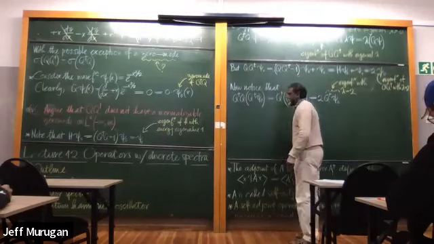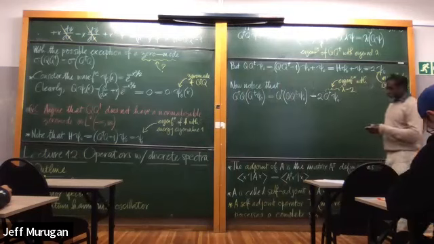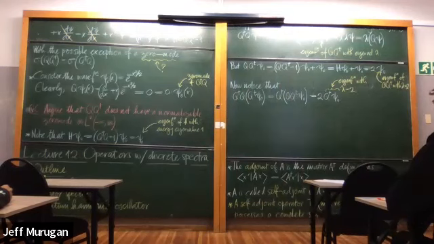So Q dagger psi naught is an eigenfunction of Q dagger Q with eigenvalue 2.